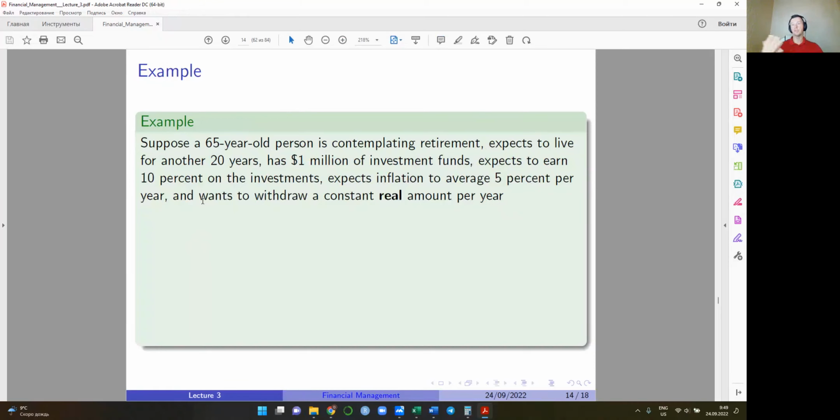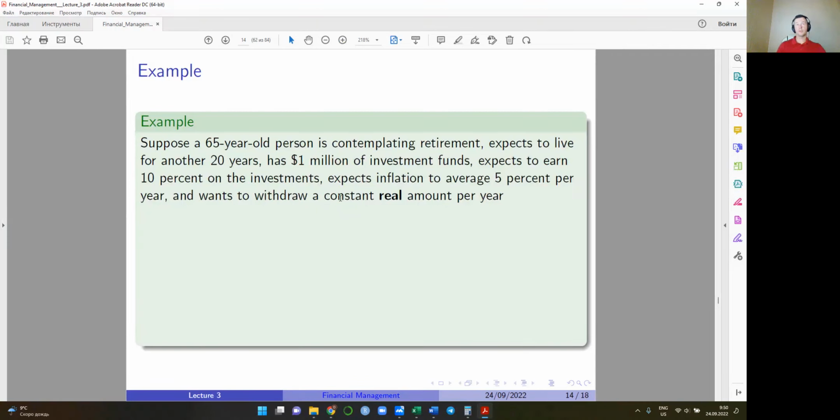So what does this mean, inflation? Prices are going to grow at this rate, and of course this person wants to withdraw 5% more every year. That's the idea, right? If there is inflation, logically you want to receive more every year than you had before.